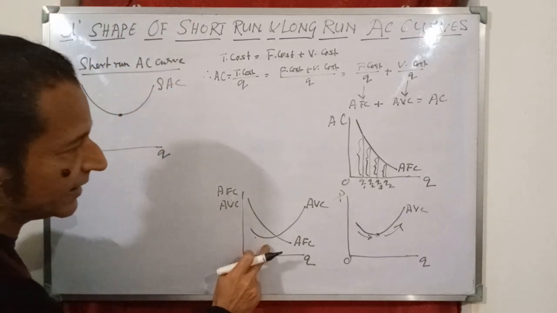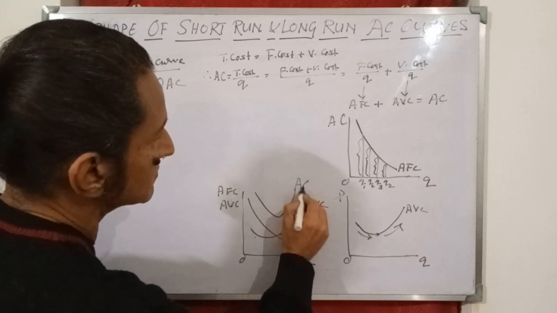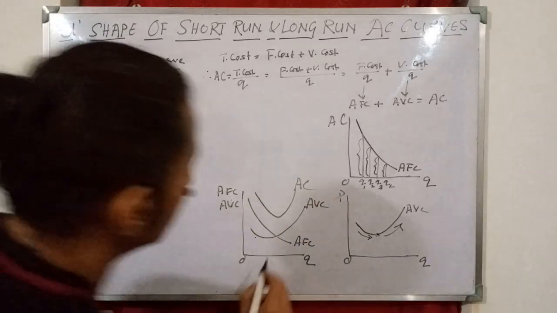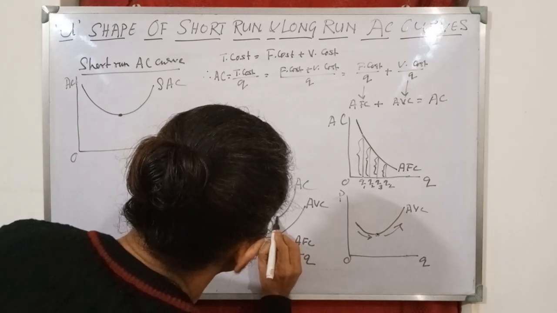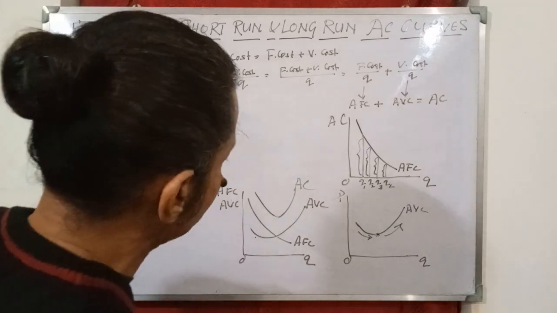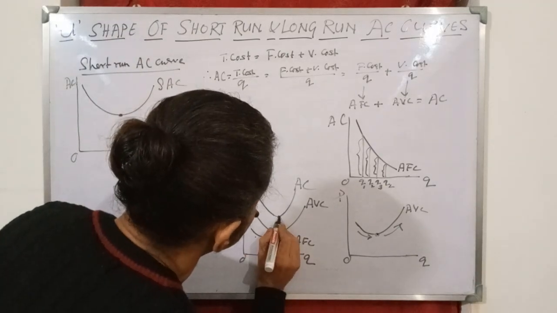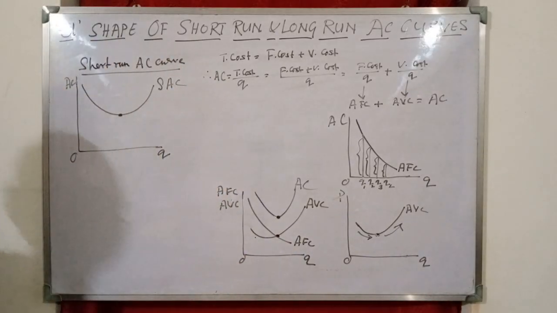If we add up AFC and AVC, we get AC. The minimum point of the average cost curve corresponds to the point of intersection between average variable cost and average fixed cost. Right?